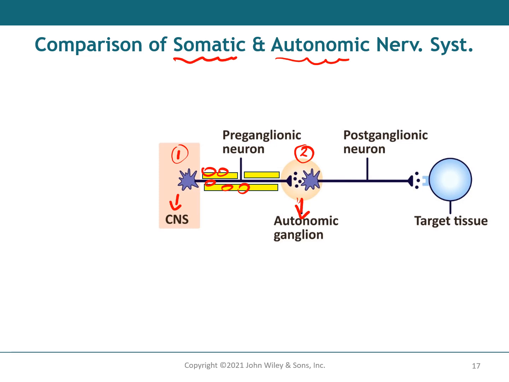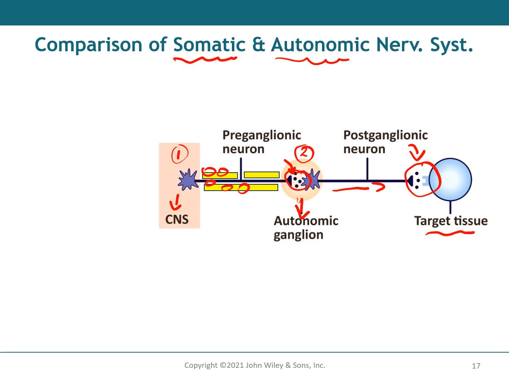Then the second neuron here is going to stimulate the target tissue. In the interaction between the first one and the second one, you're going to have a neurotransmitter, and in the second one and the target tissue, you're also going to have generally a neurotransmitter.